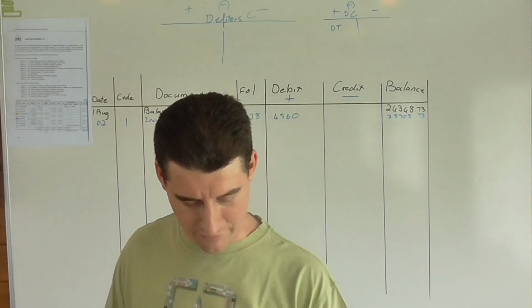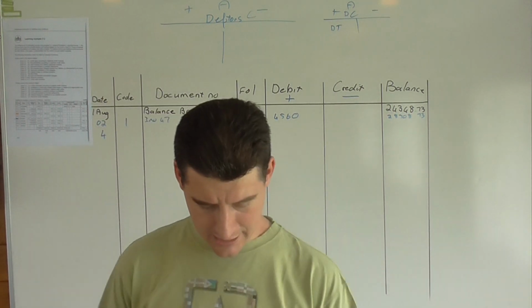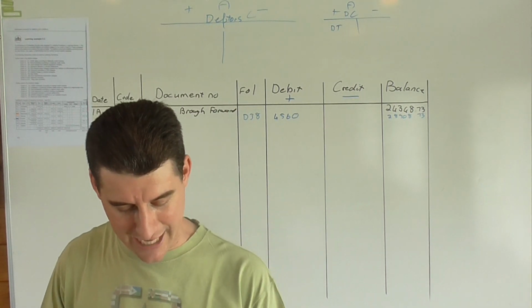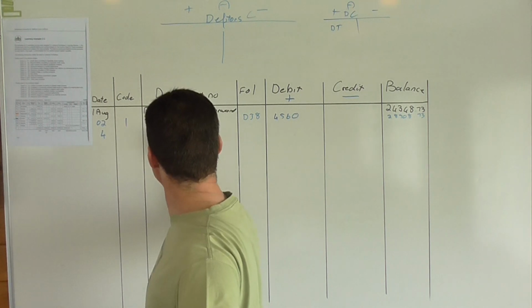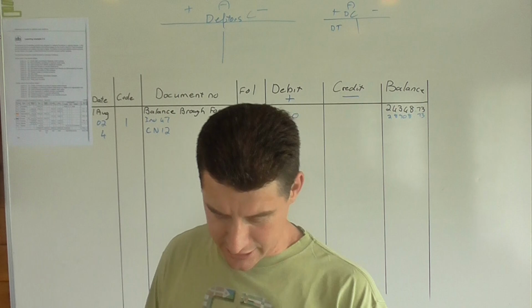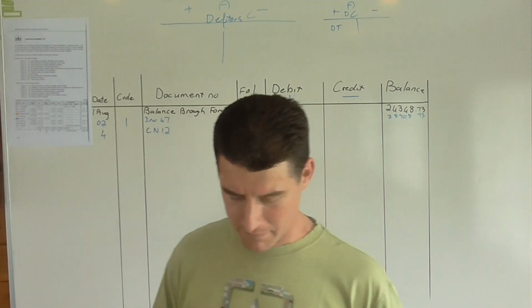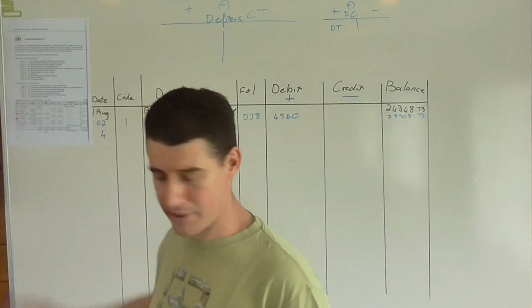Now it says on the 4th, so I'm just going to put in the 4th. Solomon returned goods purchased on the 2nd and credit note CN12, so I'm just putting the document number in, CN12, totaling 1,140. Okay, so first of all, let's see which code we will need to use.